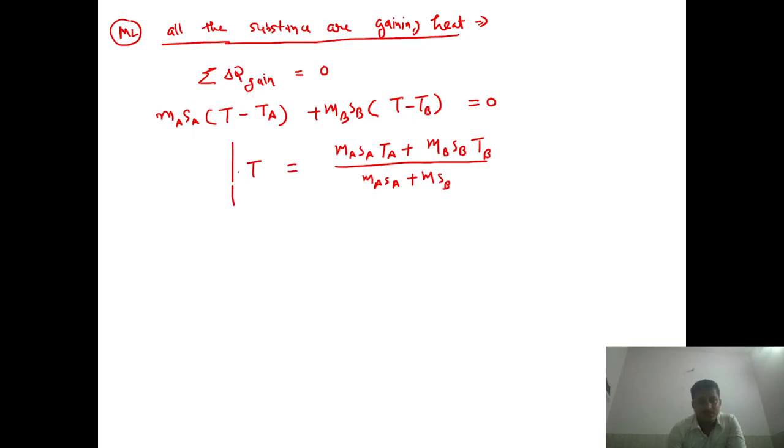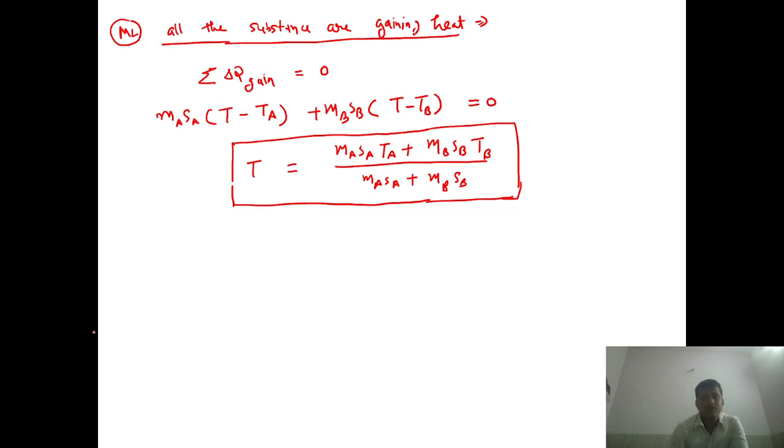I'm just generalizing the equation so you can remember this. Okay, I'm taking three substances, and after that I will generalize the whole formula. So basically I'm taking another question like this, the same question.